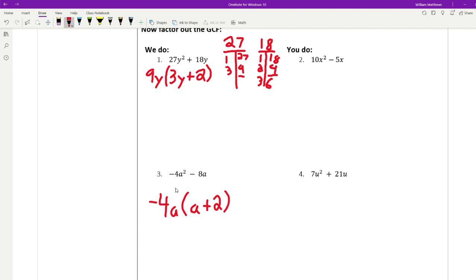So since we pulled out the negative, both of my terms became positive. Negative divided by a negative is positive. And then I divided by the a, which leaves 1 power of a in the first term, and it cancels out in the second term. And last but not least, our number 4 divides, cancels out in the first term, and leaves 2 as our factor.